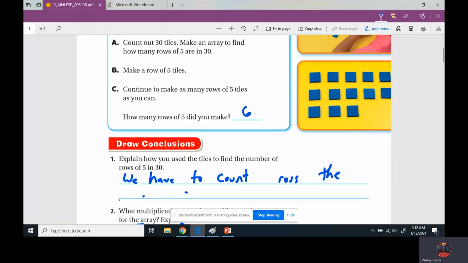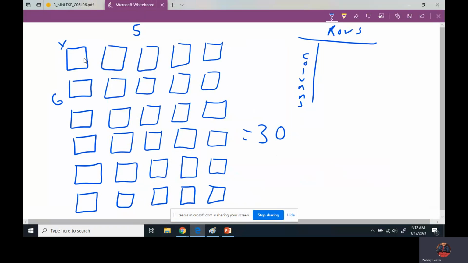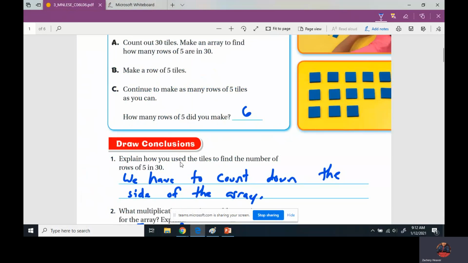We count down the side to show how many rows. So we made our 5, and then we count down. We have 1 row, 2 rows, 3, 4, 5, 6 rows. So we count down the side.